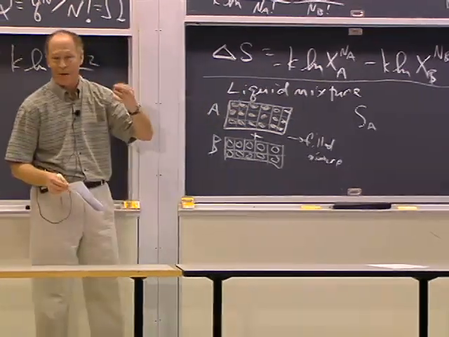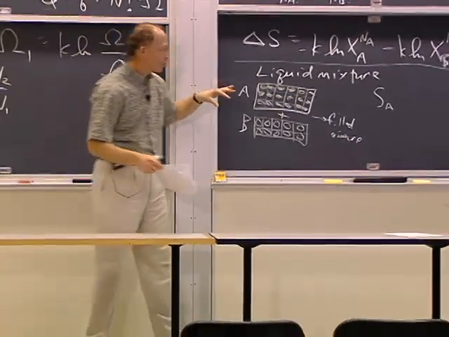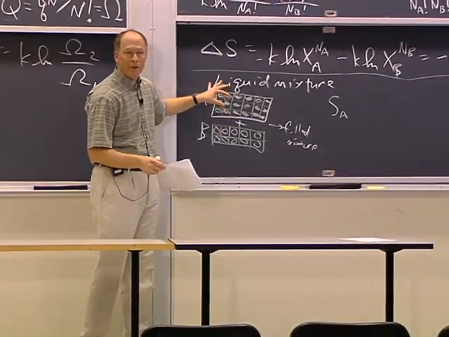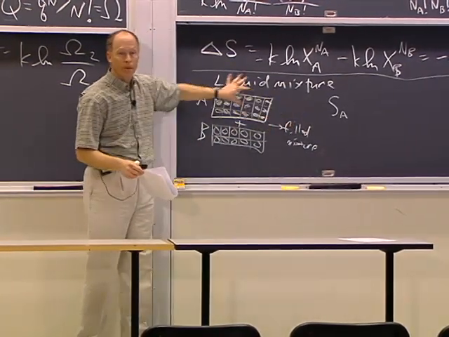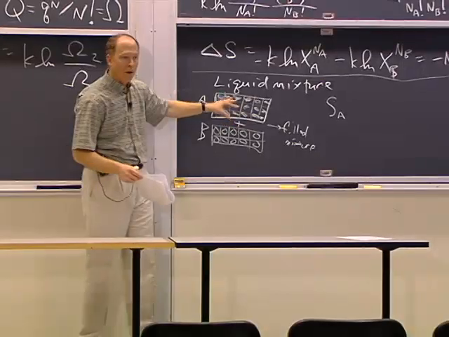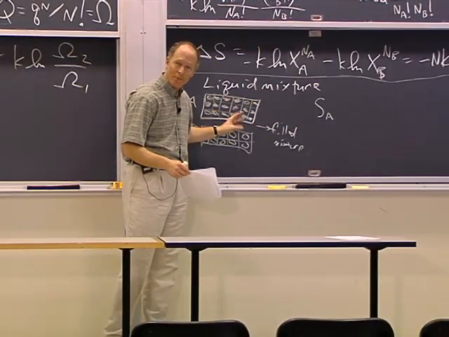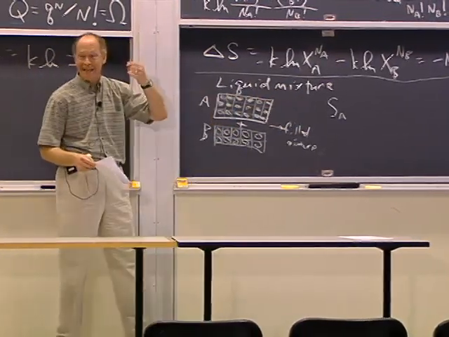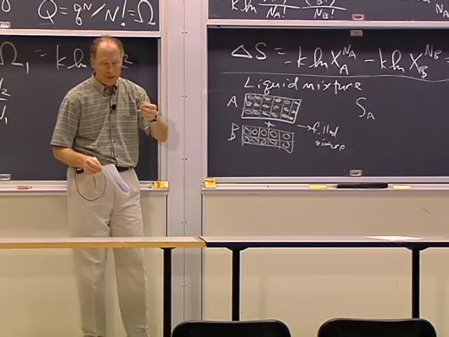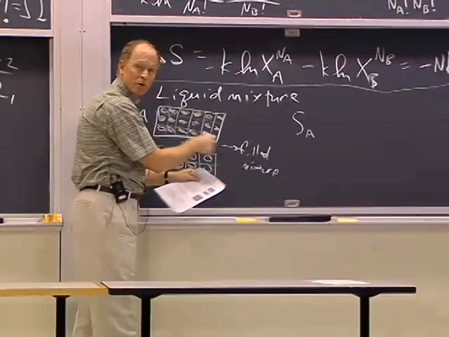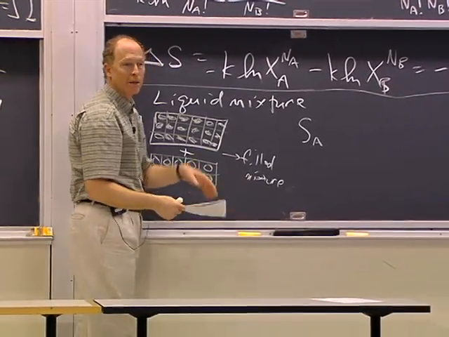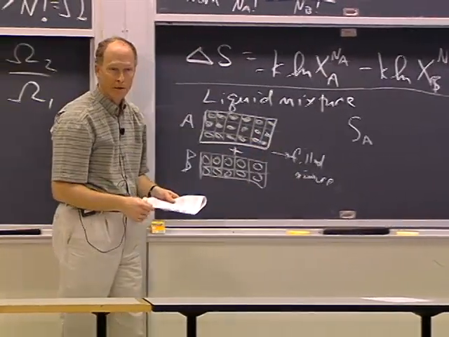Now, of course, that's not realistic, but it's going to turn out to be suitable because for the change in entropy that we get going from here to the mixture, the other contributions to entropy are going to more or less be the same from beginning to end. What's going to be significantly different is simply the fact that in the mixture you have the random positions that can be occupied. So that's going to be the term that matters, the contribution that matters.